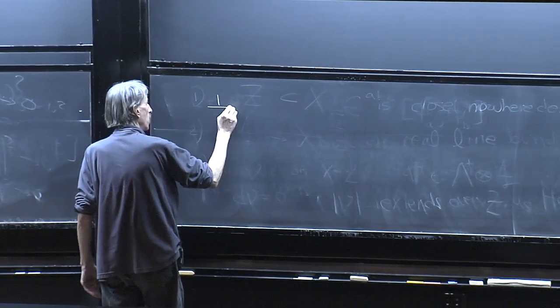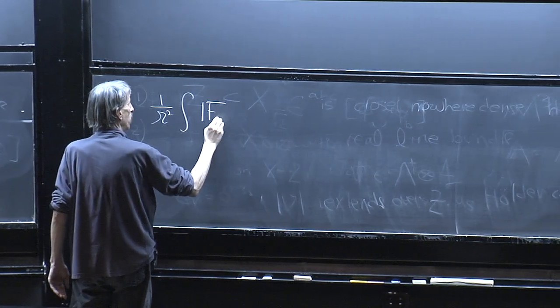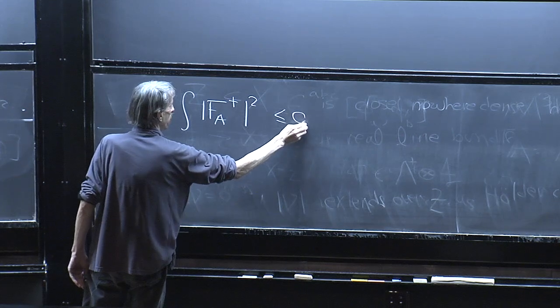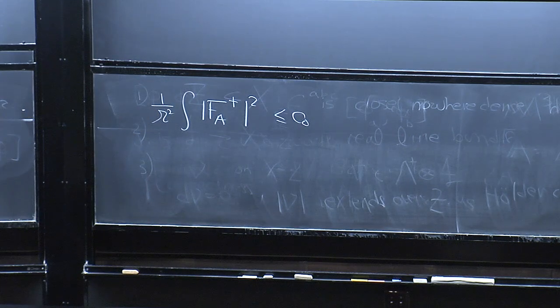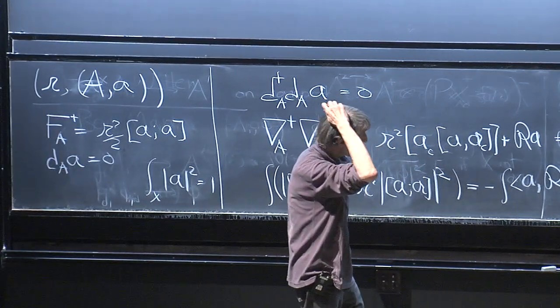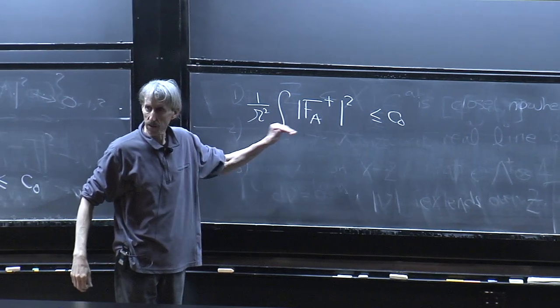You can write it as 1 over R squared times the integral of the plus part of the curvature squared. So that's bounded by a constant. So for example, if you knew the R's weren't getting very big, if the R's were bounded, that would tell you you had an a priori bound on the L2 norm of the plus part of the curvature.